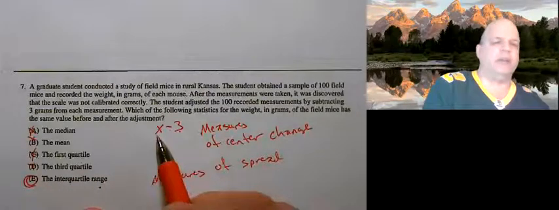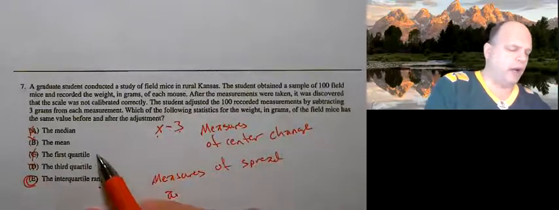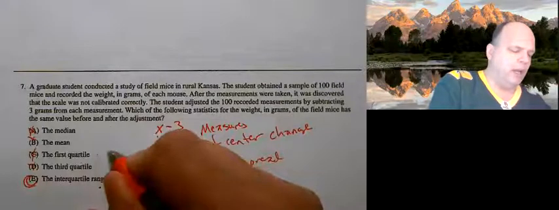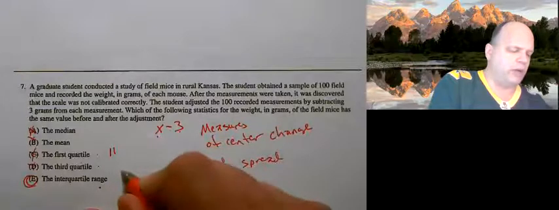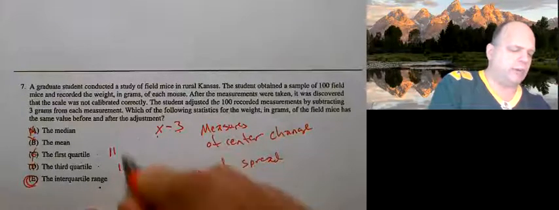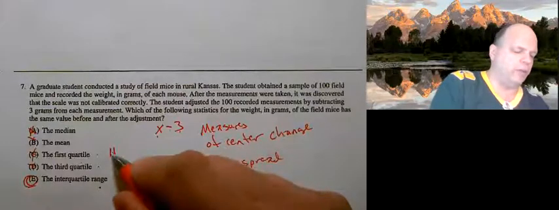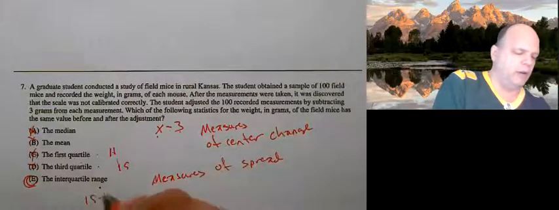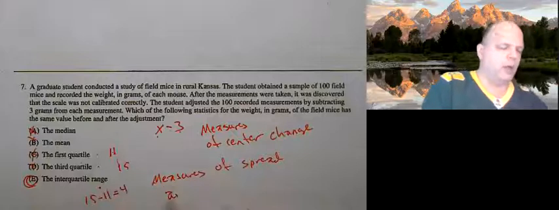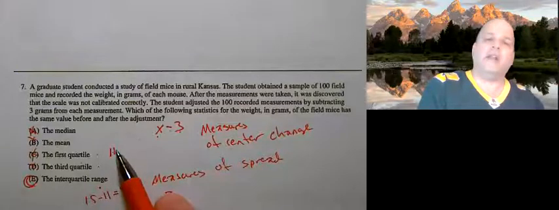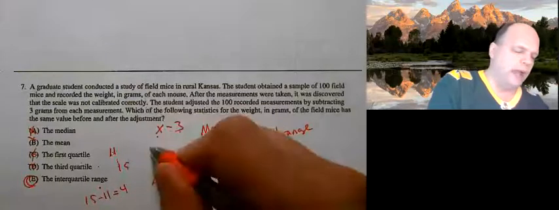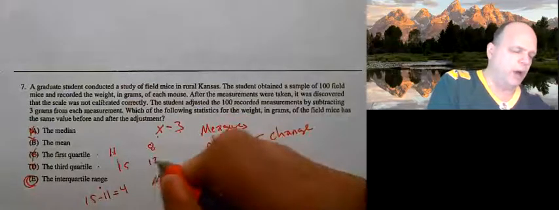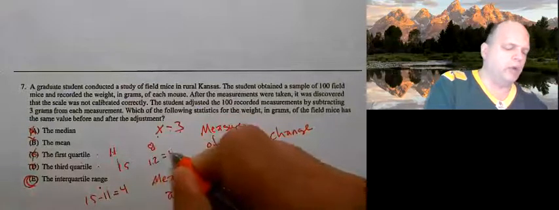And if you think about this, let's just say the first quartile happened to be originally at 11 and the third quartile happened to be at 15. 15 minus 11 is 4. After subtracting 3, this is really 8 and this is 12. 12 minus 8 is 4.